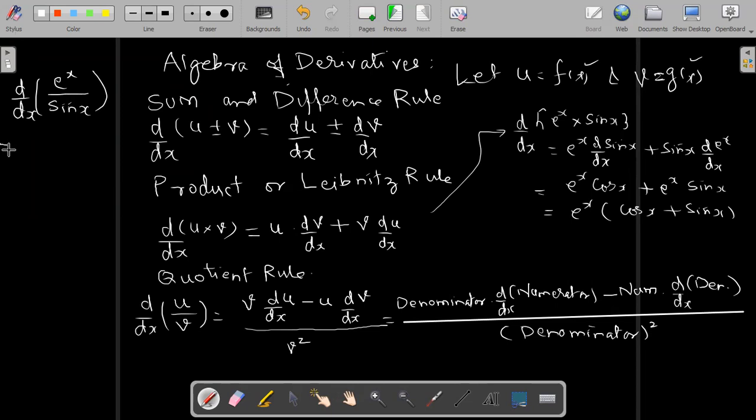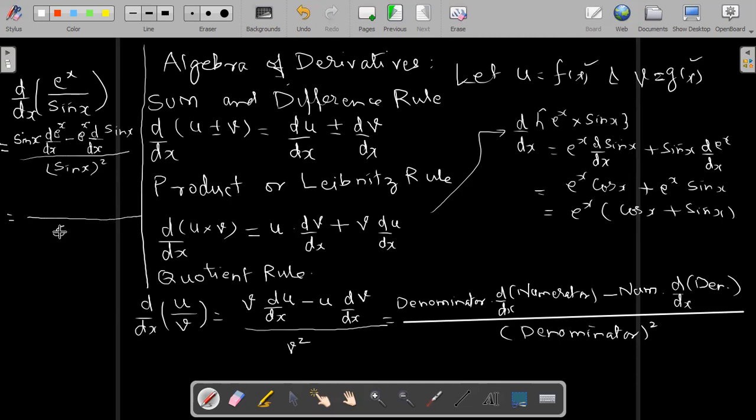So first you leave the denominator, that means sin x, and then the differential of e to the power x, minus e to the power x into the differential of sin x, and the whole divided by the whole square of sin x. Sin x whole square or sin square x, same thing, it doesn't matter. So we can write sin square x.